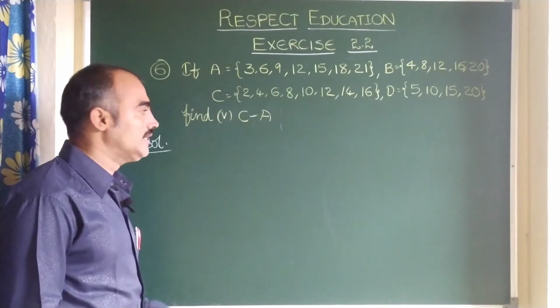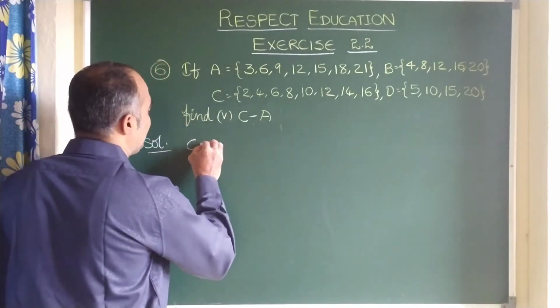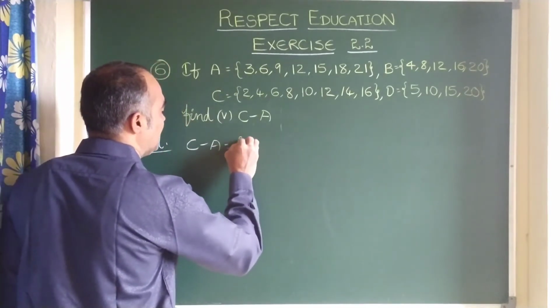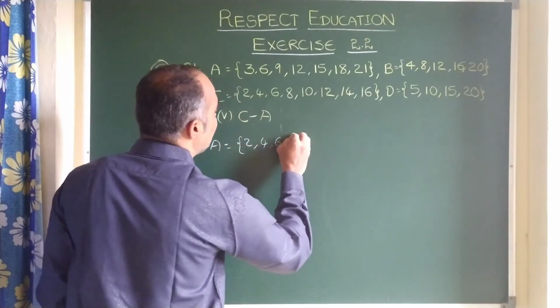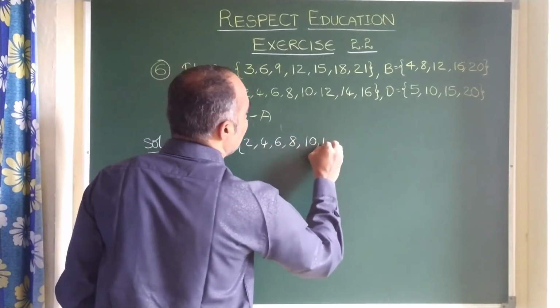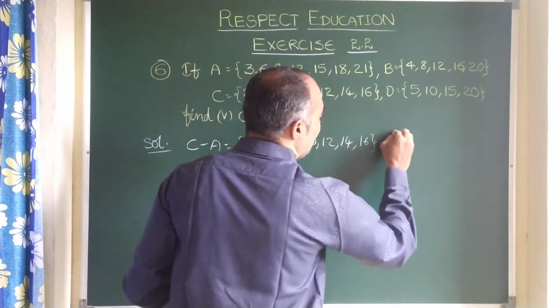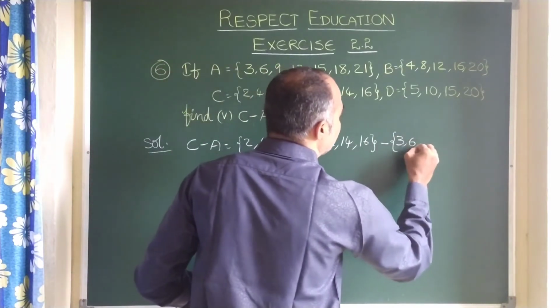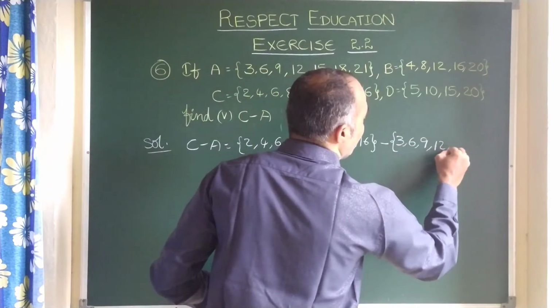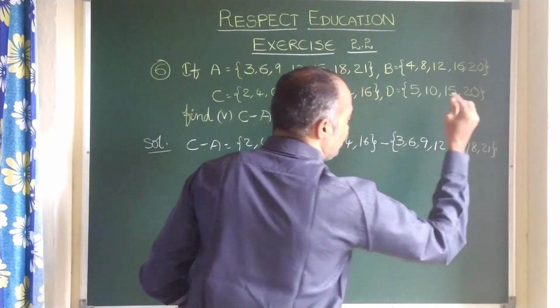Now let us see the next bit, that is the fifth bit, C minus A. So here first we need to write C, children, then minus A. C is 2, 4, 6, 8, 10, 12, 14, 16. A is 3, 6, 9, 12, 15, 18, then 21.